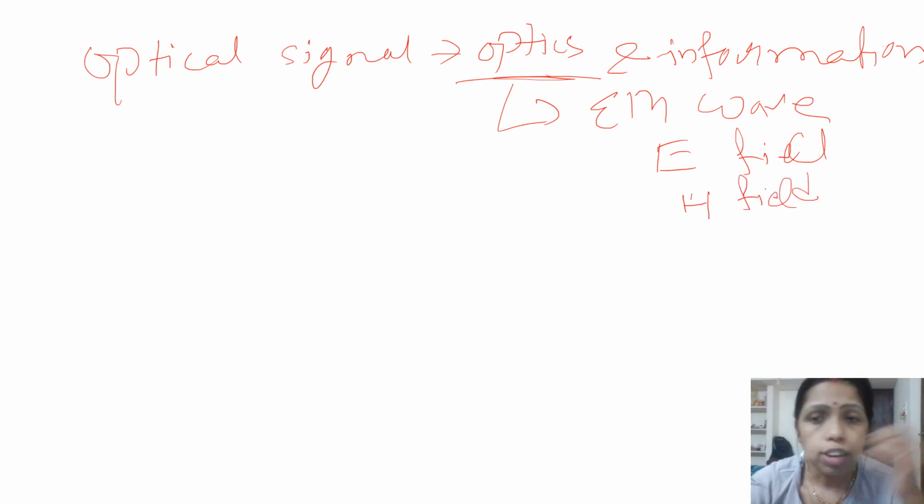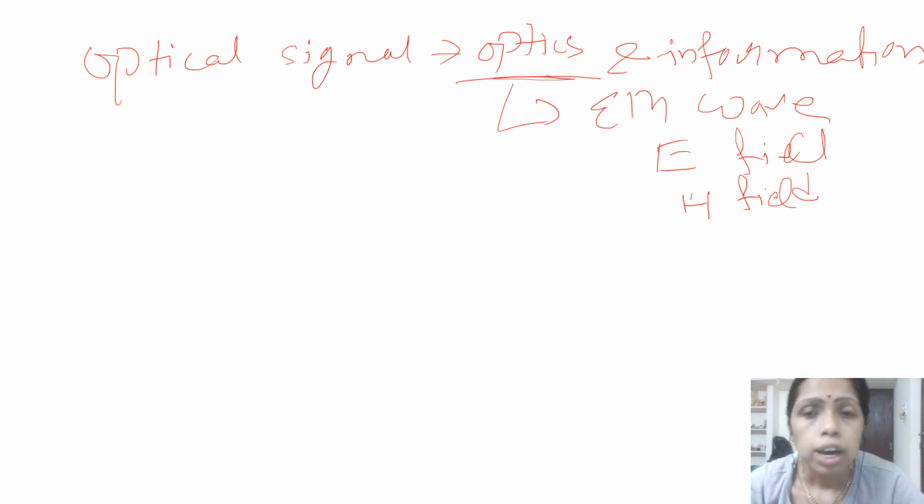The range of the electromagnetic wave I have already discussed in the last class. It has the visible range, RF wavelength, microwave wavelength, near infrared, visible wavelength, X-ray, gamma ray, and so on.